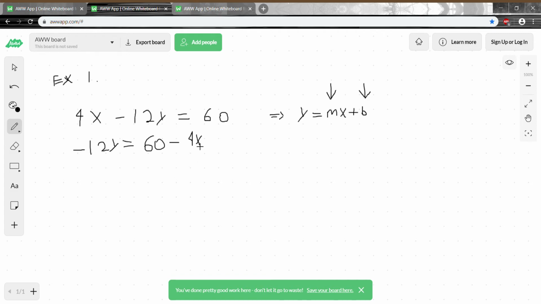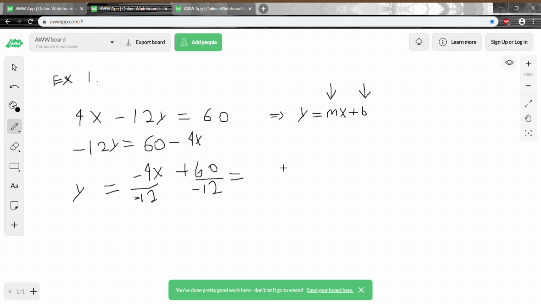And I'm going to go ahead and switch these two terms right here. So that's negative 4x plus 60, each of these over negative 12. Y is equal to that. And we can simplify this right here. The two negatives become a positive. 4/12 is equivalent to 1/3.